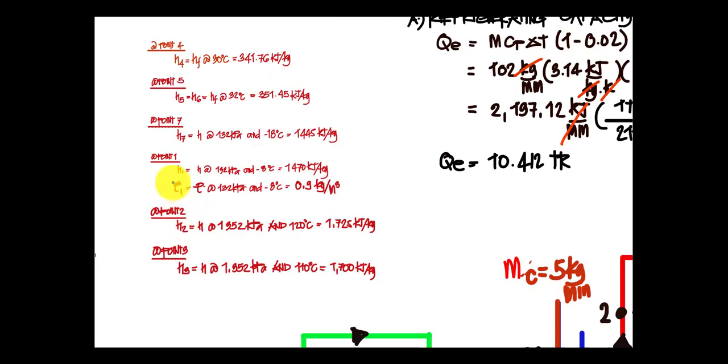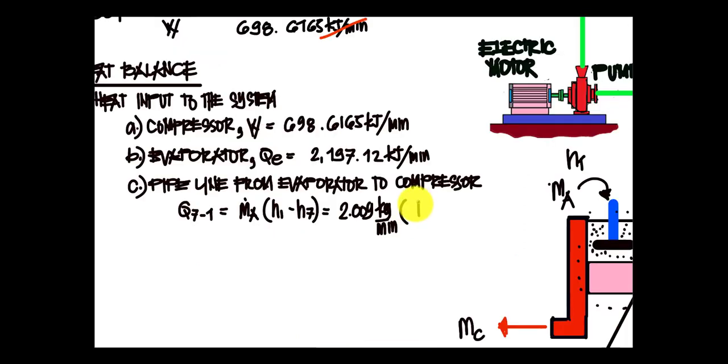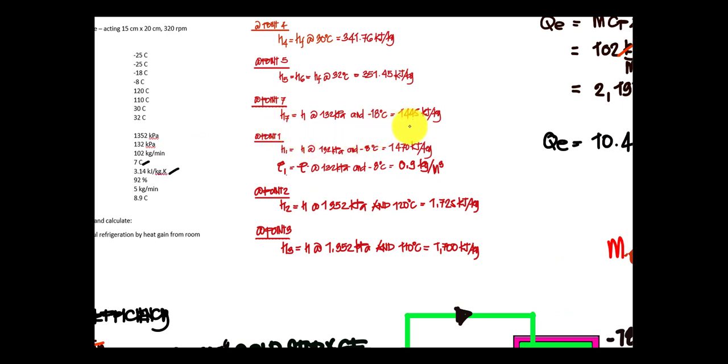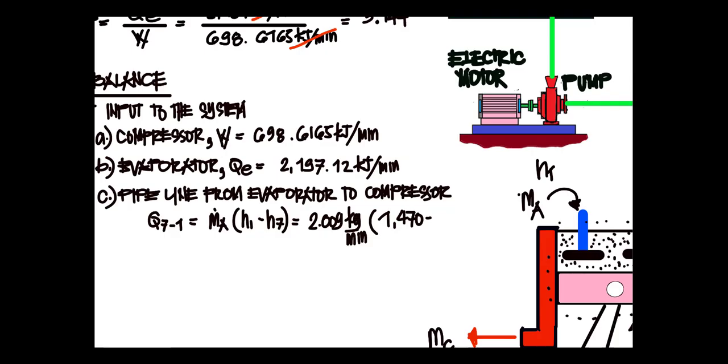For the value of enthalpy 1, we have 1470, minus the enthalpy at point 7, which is 1445, with units of kilojoule per kilogram.